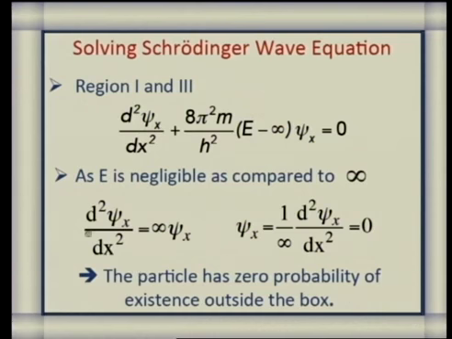If I take infinity to the left hand side, I get psi x equal to 0. What does it mean? It means the wave function doesn't exist, that is, the wave function is 0 for regions 1 and 3, which is exactly what we want, because we do not want the particle to be outside the box or even on the boundaries of the box, since the potential is infinity.